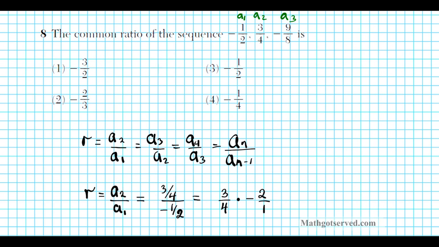So what we'll do next is reduce. 2 goes here once and 2 goes here twice. If you multiply horizontally, 3 times negative 1 is negative 3. 2 times 1 is 2. Your common ratio is negative 3 over 2. Our answer is option number 1.